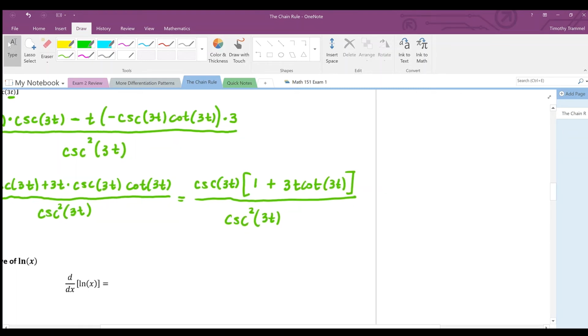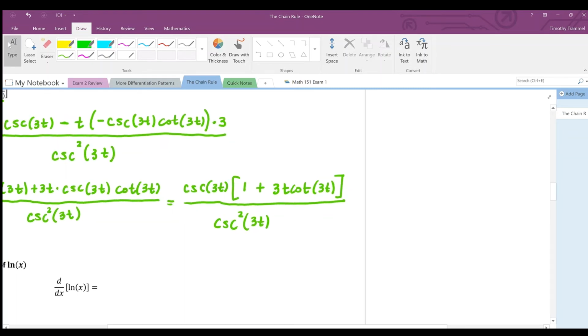I think I have just enough room here to write our final answer. We can now cancel a common factor between the numerator and denominator, a single cosecant of 3t from both. So we're left with 1 plus 3t cotangent of 3t all over cosecant squared of 3t.